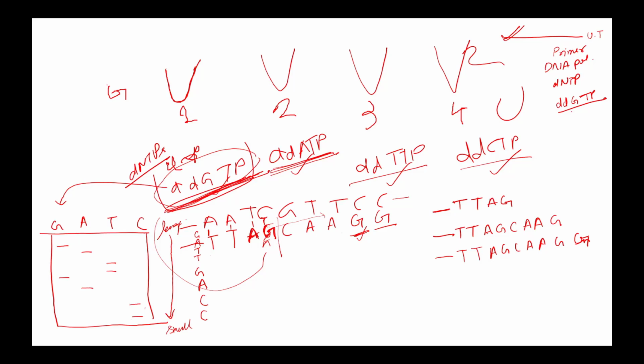Okay, and the sequence will be in this direction, 5 prime to 3 prime. So this will be the readout at which particular sequence the chain terminated. Okay, so this is the complementary strand sequence. So the original strand sequence will be complementary to this, in 5 prime to 3 prime direction in this way. Okay, so that is the readout.